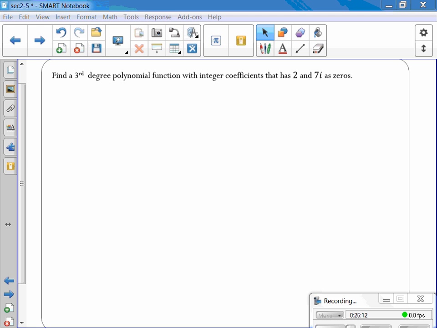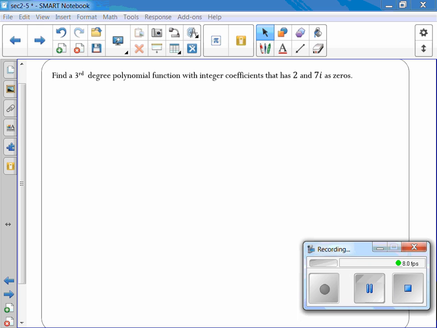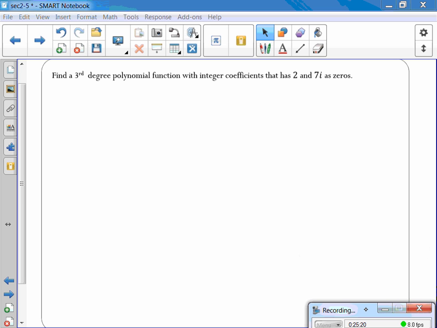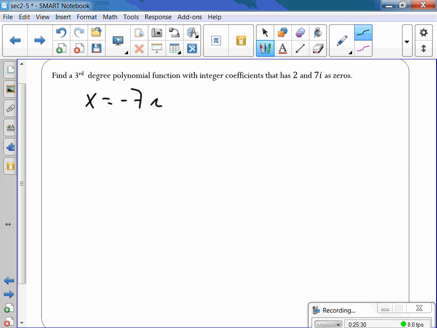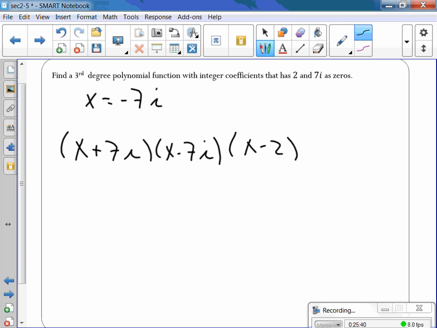Looks like most of you got it. So again, I have my extra zero of negative 7i, so there are my factors. And multiplying the complex conjugates, we come up with x squared plus 49.